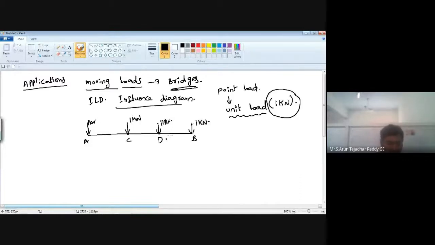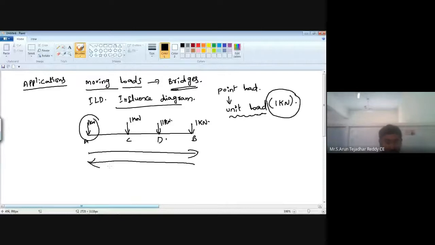It is moving from A to B, or else from B to A. It means the 1 kilonewton load we are assuming is traveling from A to B as well as B to A.